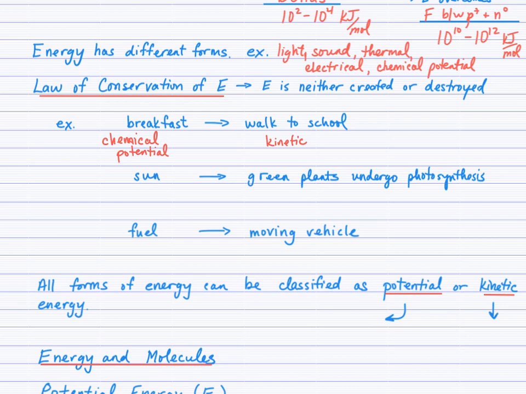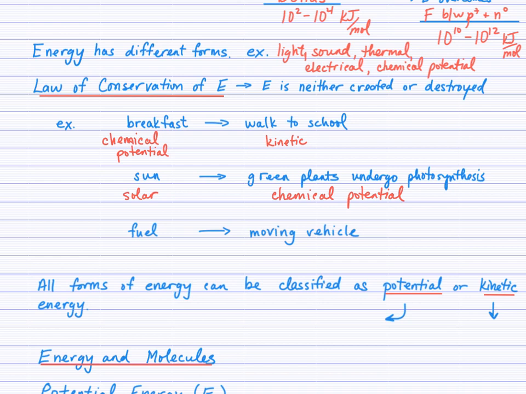We think of the sun, right? The sun you might think of as solar energy. And that's being transferred to green plants as they undergo photosynthesis. So in fact, the plants take the sun's energy and convert it to chemical potential energy, stored in the glucose molecules that are produced in photosynthesis, or the majority of which are stored in the glucose molecules.